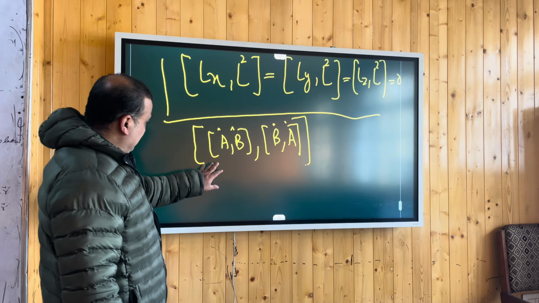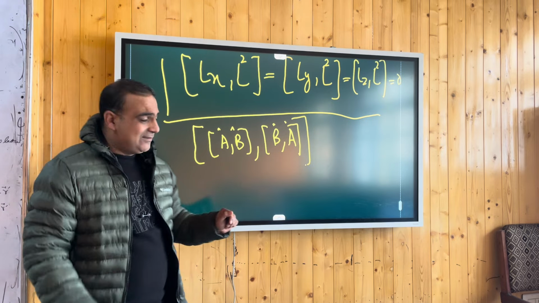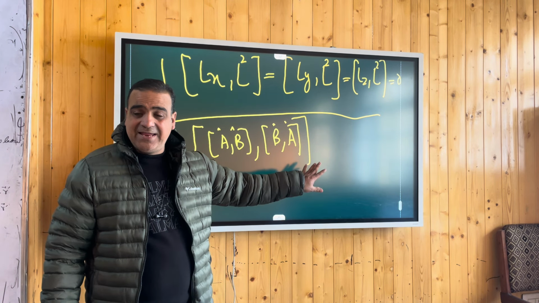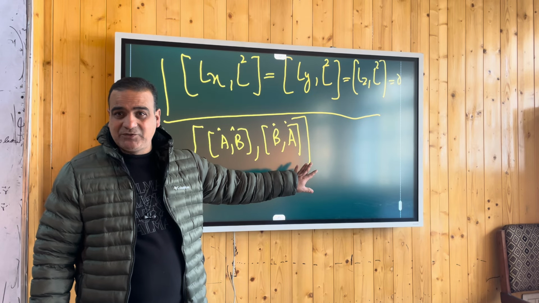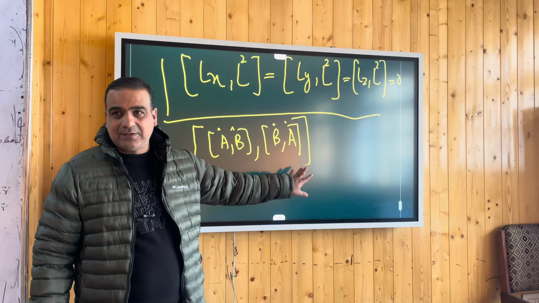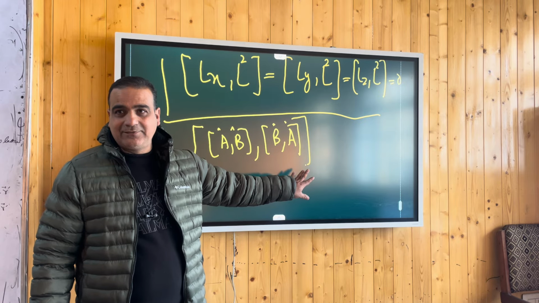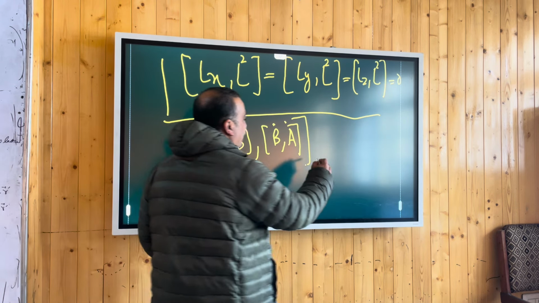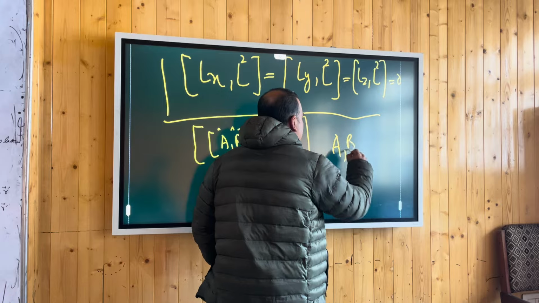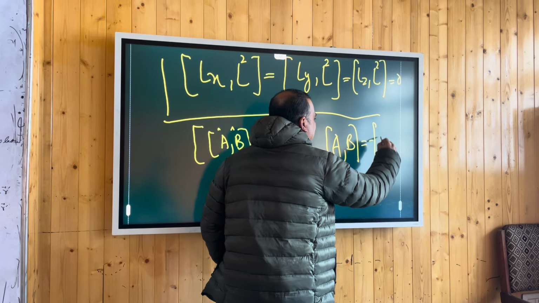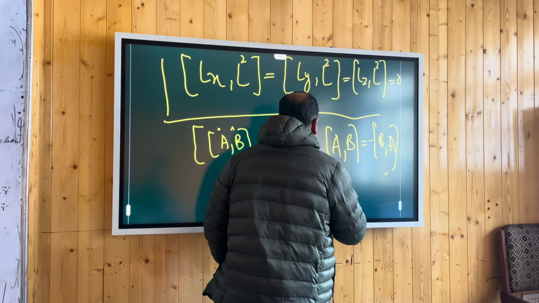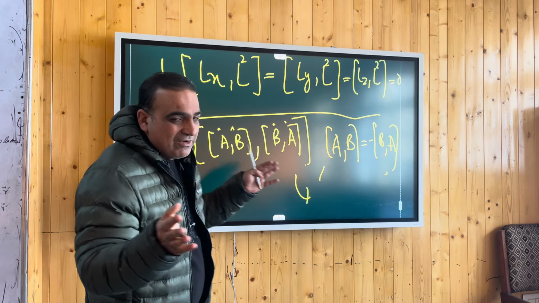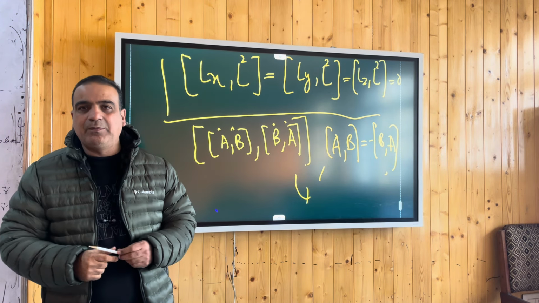So within the overall commutator you have the commutation between A and B, and then between B and A. Do you predict the result? You can do it yourself. All you have to do is use this property: the commutator of A and B is minus the commutator of B and A. This is how you will resolve some of the more important problems, and it will be useful in solving some good problems.